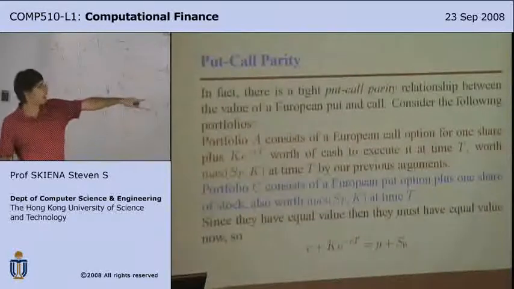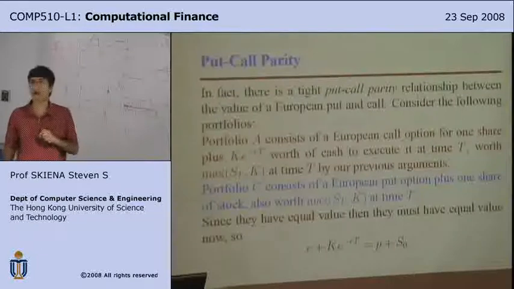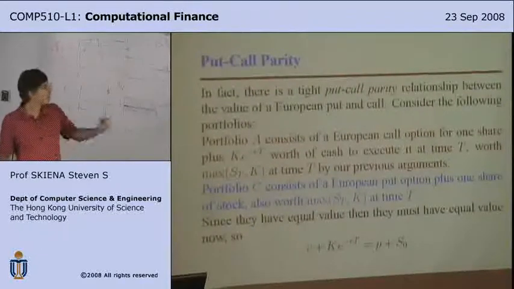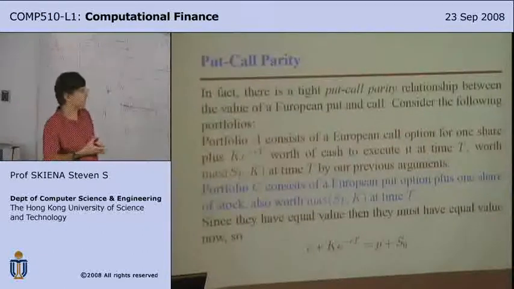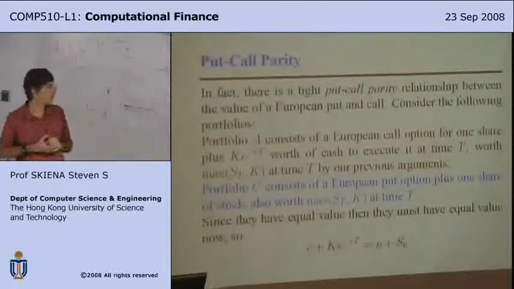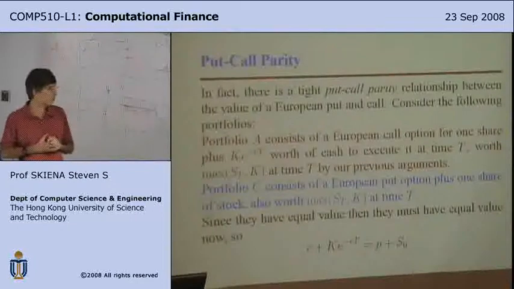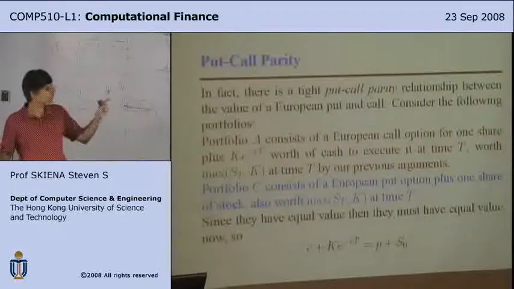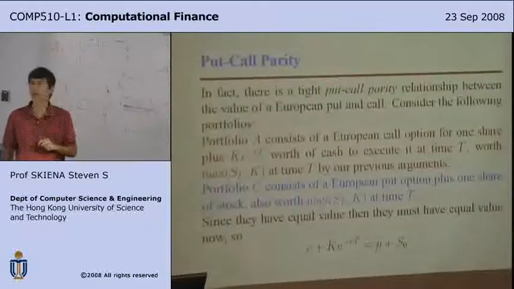That is worth the max of S_T and K at that time. Right? Let's say I have now the other option. I have a European put option plus a share of stock. I claimed on my previous slide that was also equal to the maximum of the stock price at time T and the strike price.